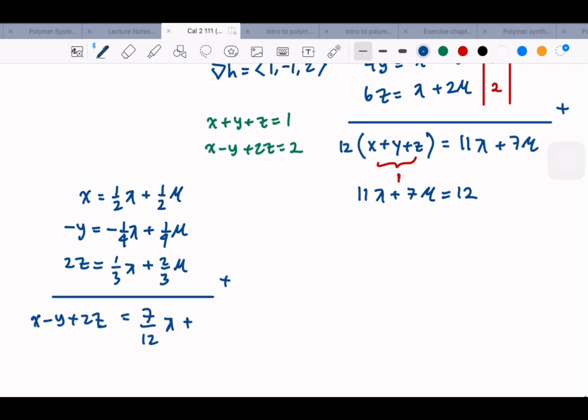So half, so 3 over 4 plus 2 over 3, 9 plus 8, it's 11 over 12, right?